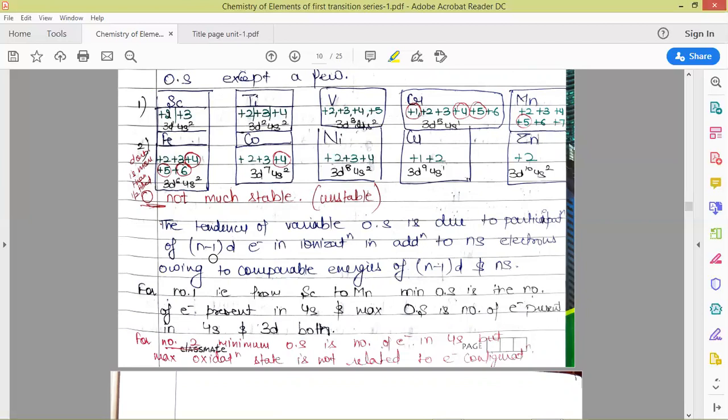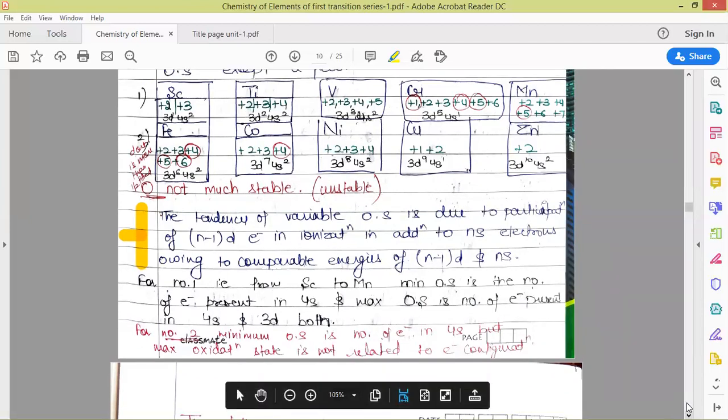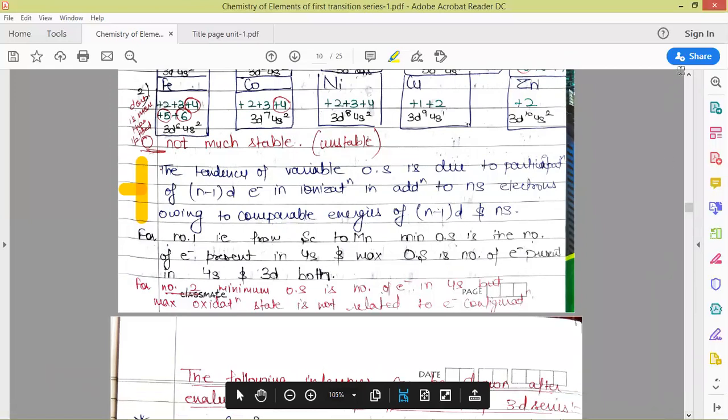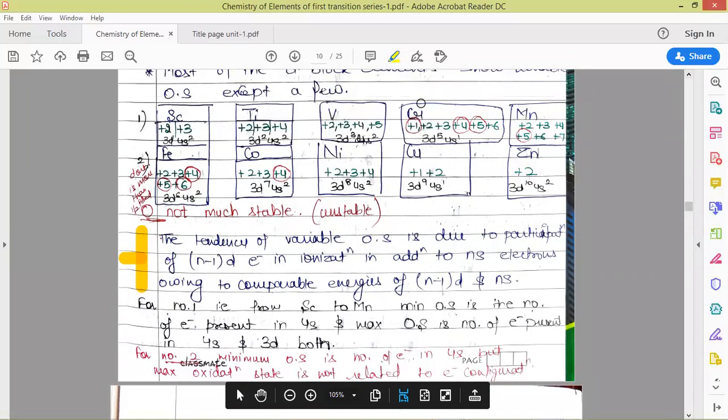So that is why they exhibit variable oxidation states. So the reason for exhibiting variable oxidation is the comparable energies of 3D and 4s, due to which the 3D electrons, which is the penultimate shell, also participate in the ionization.